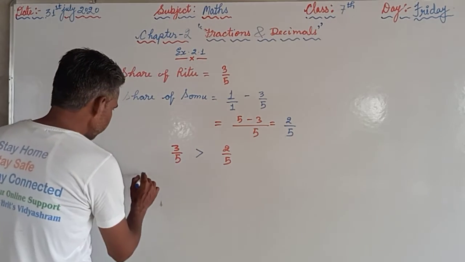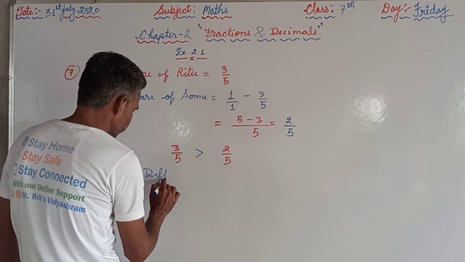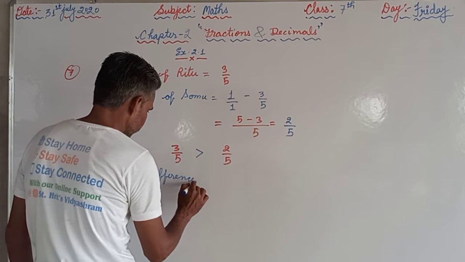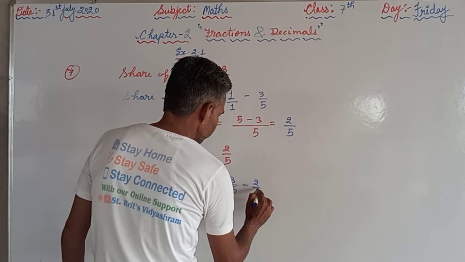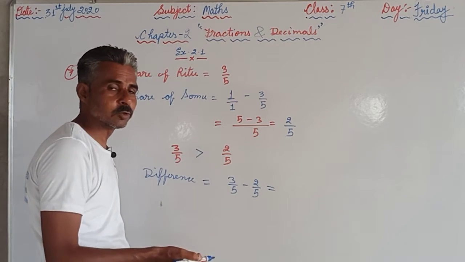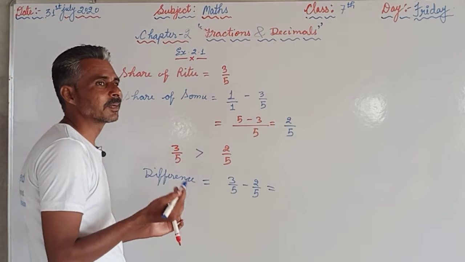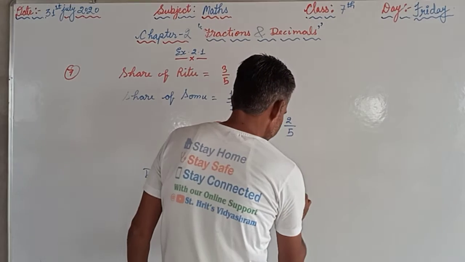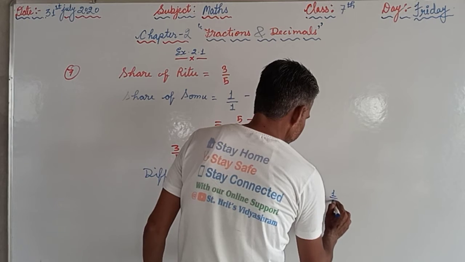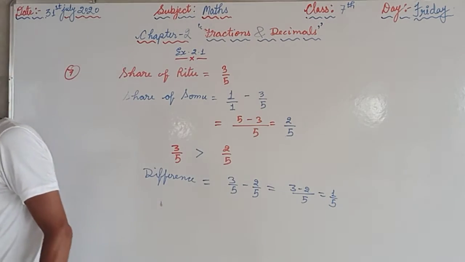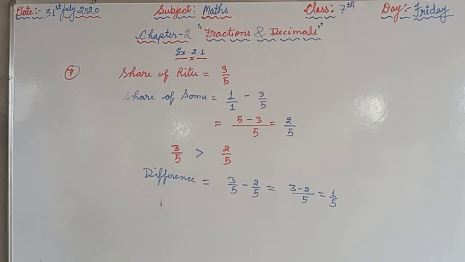Afterwards we are supposed to tell how much more it was. So the difference is 3/5 minus 2/5. If the fractions are like, as I told you previously, then we are supposed to subtract the numerators only. Means 3 minus 2 over 5, that is 1/5. As the question is in the form of a word problem, we are supposed to supply the answer in language only. Who had the larger share? By how much?